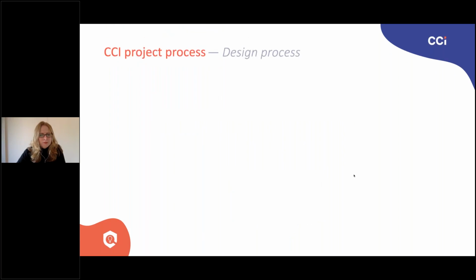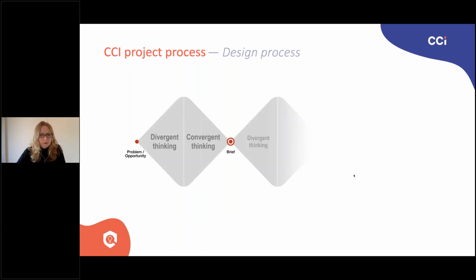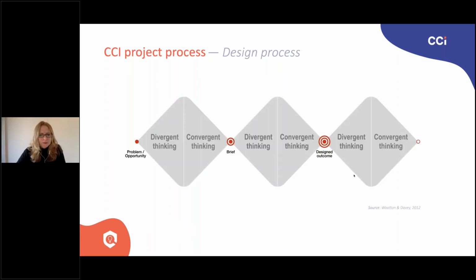What we did in CCI was we used, as Caroline said earlier, the design process as a framework for the project process. The design process begins with a problem or an opportunity, and then it follows a number of stages of divergent and convergent thinking as you move from your problem or opportunity through the design brief to the designed outcome.